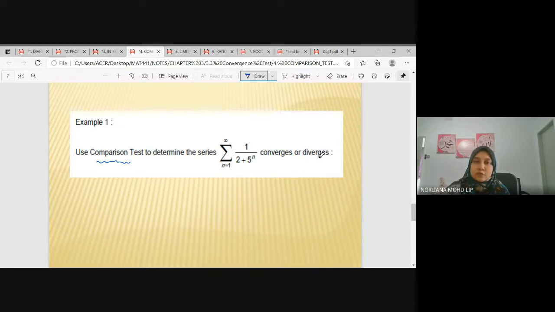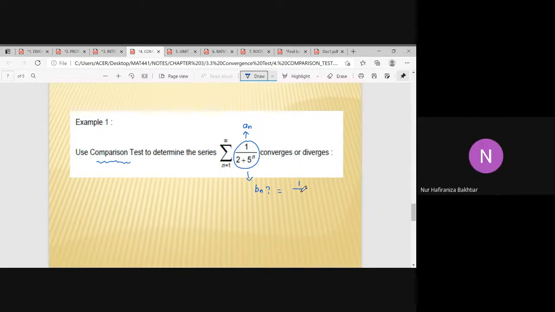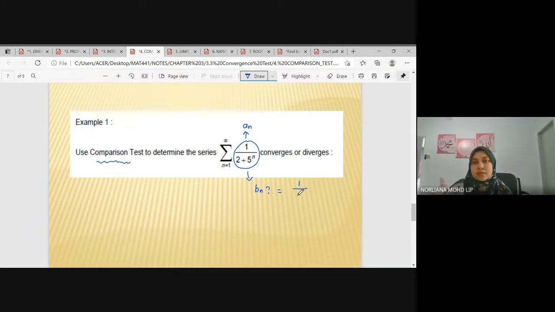First step, you have to identify Bn. This is An. So what is Bn? Bn is from An, so Bn equals 1 over 5 to the power of n.